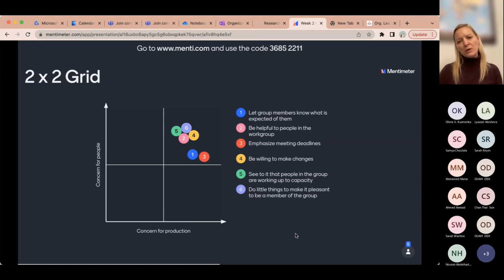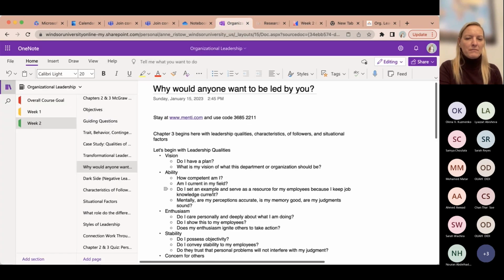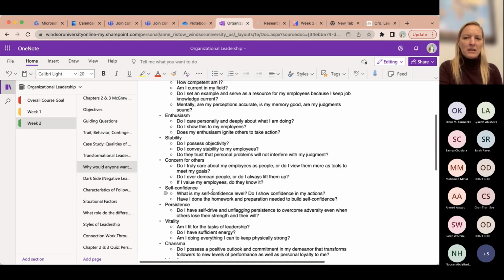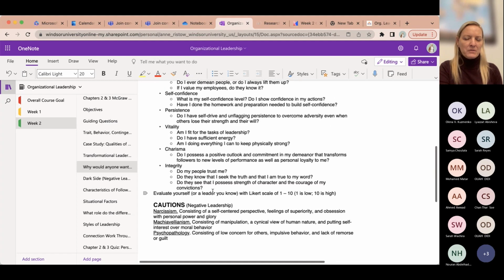If I'm looking at number 4, be willing to make changes, is that something that as a leader is done because I have concern for the people or because I have concern for production? We are really hanging in that quadrant. I'm going to let you go ahead and finish where you're at on it. Go ahead and keep putting in your results.